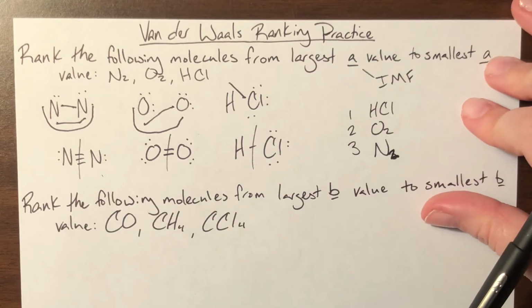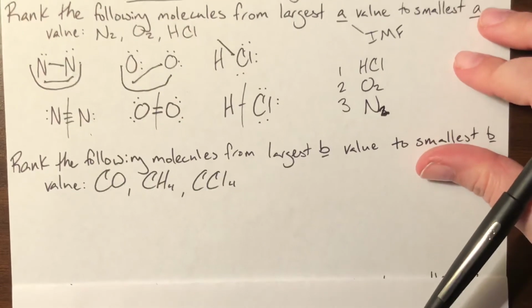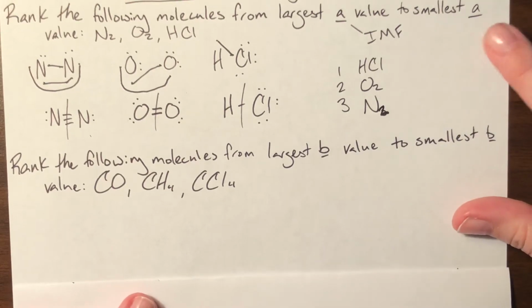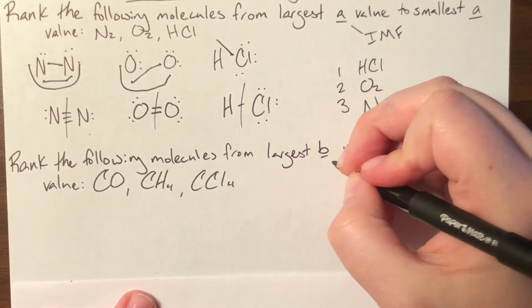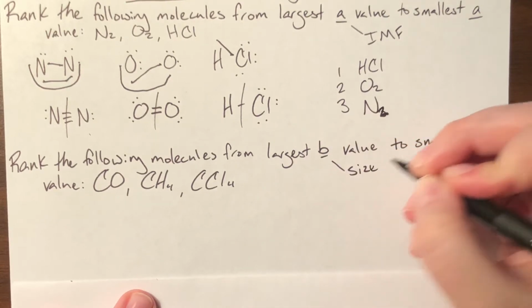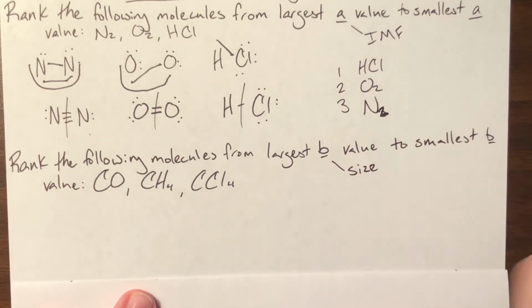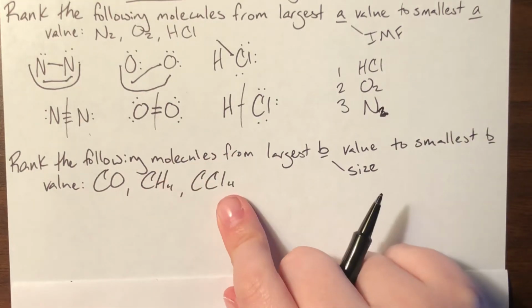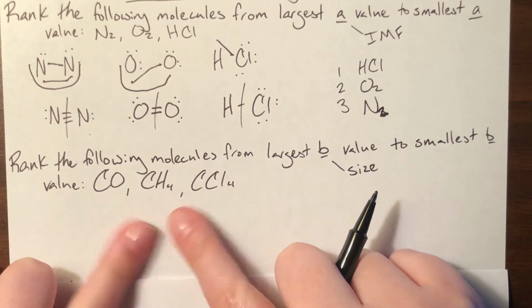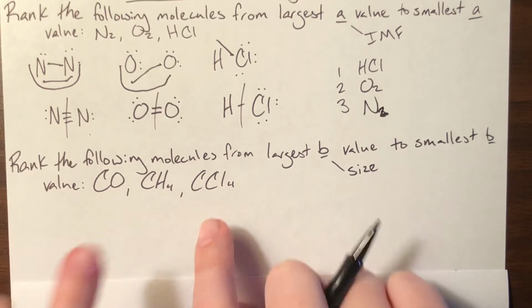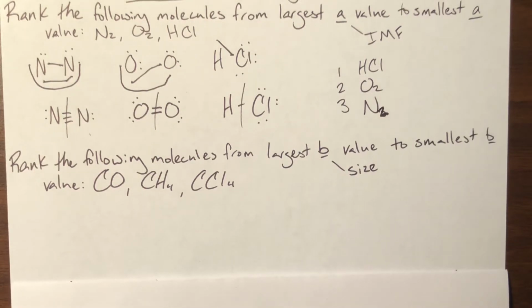My next problem is going to state that I am going to be ranking the following molecules from the largest B value to the smallest B value. Now remember that B is going to be my size, and so my largest B will be my largest molecule. So I can go ahead and just do an initial count first to see who is going to be my largest.